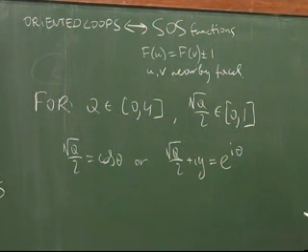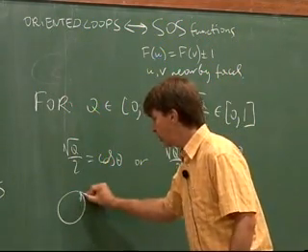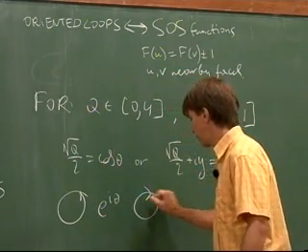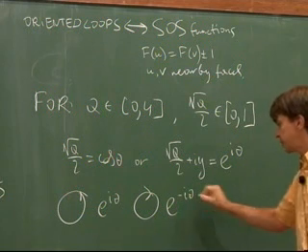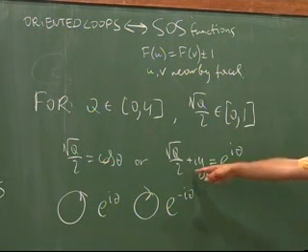Now what we do, we put this weight, exponential of i theta, for every loop which is counterclockwise oriented, and put the weight exponential of minus i theta for a loop which is clockwise oriented. So the real part always stays the same.